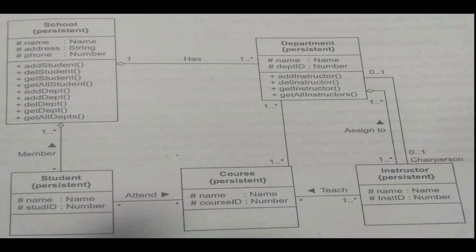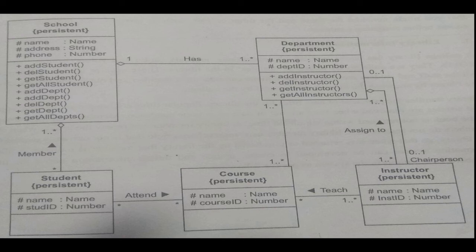This is modeled as an aggregation, because organizationally departments are at a higher level in the school structure than instructors. The other association specifies that for every department there is exactly one instructor who is the department chairperson. The way this model is specified, an instructor can be the chair of more than one department, and some instructors are not chairs of any department.